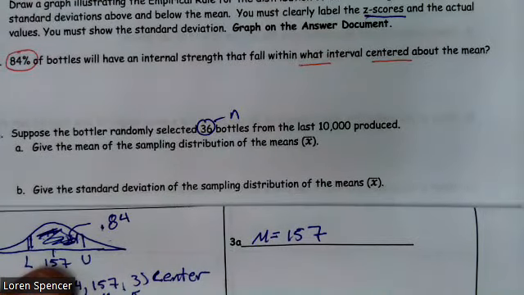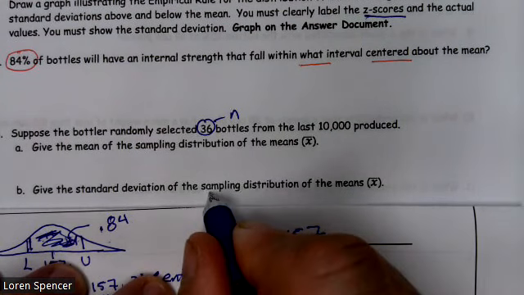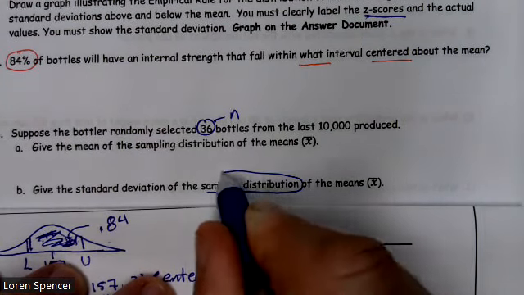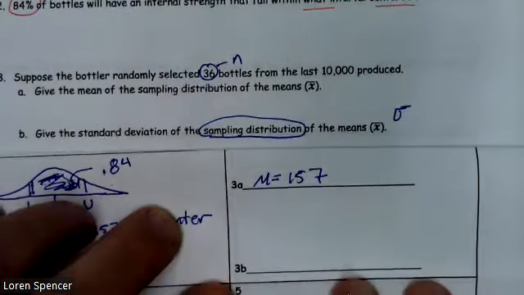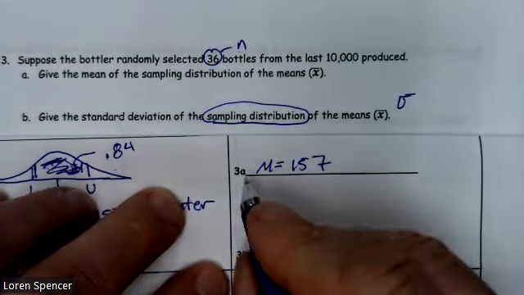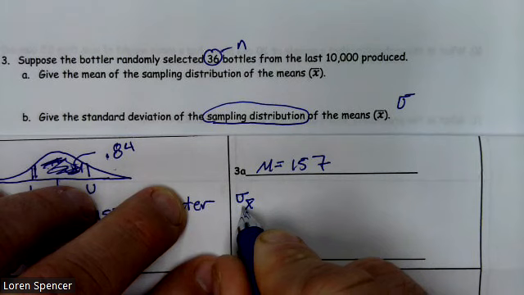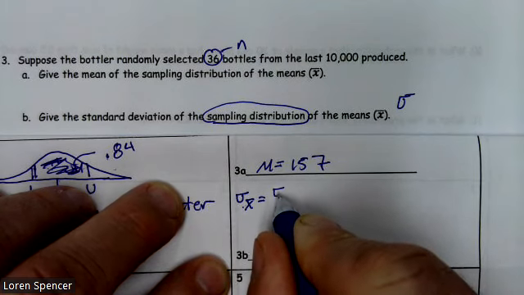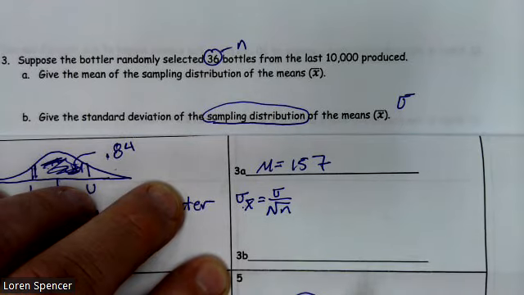Three B says give the standard deviation of the sampling distribution of the means. So here's that key word, sampling distribution. The standard deviation of the population looks like this, but the standard deviation of the sample means is the standard deviation of X bar, because that's the sample mean, equals the standard deviation of the population divided by the square root of n.